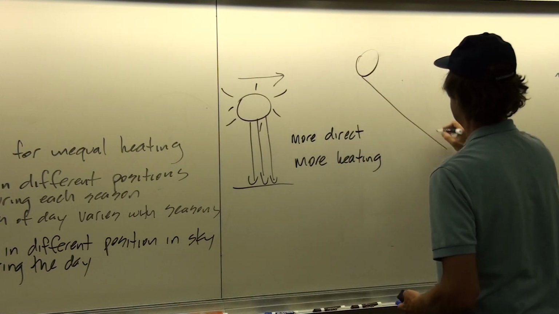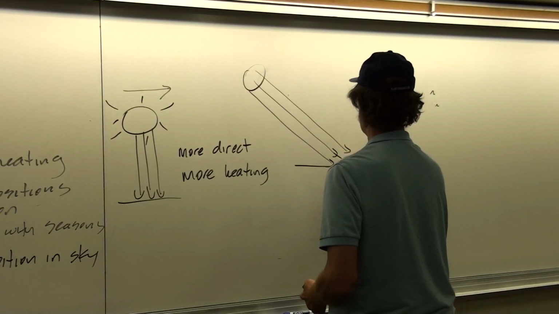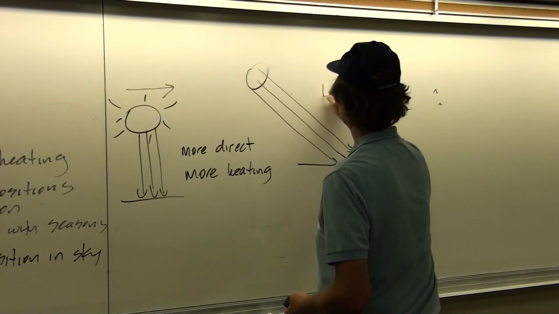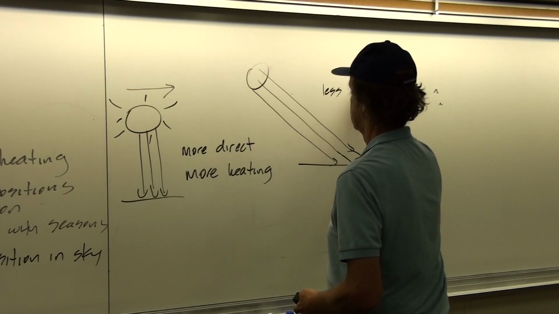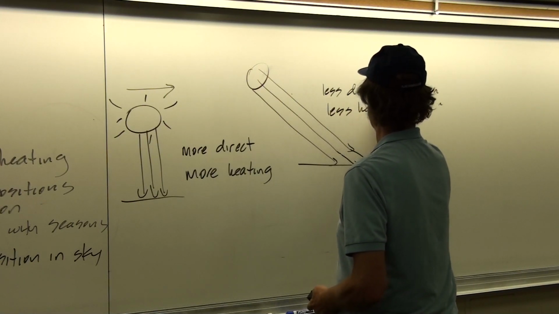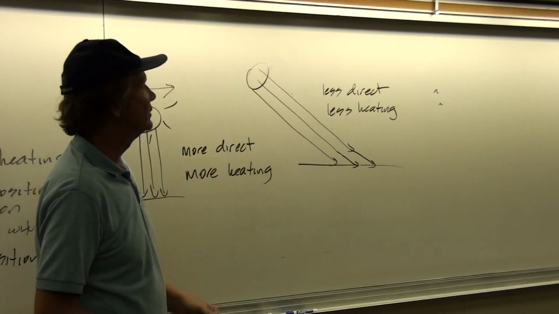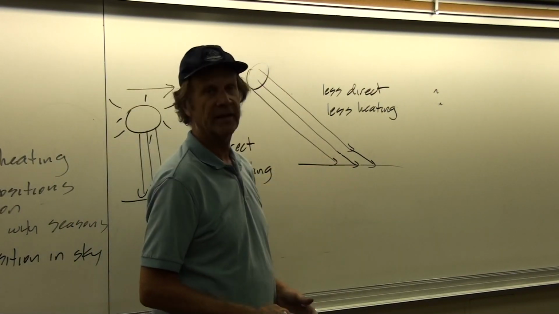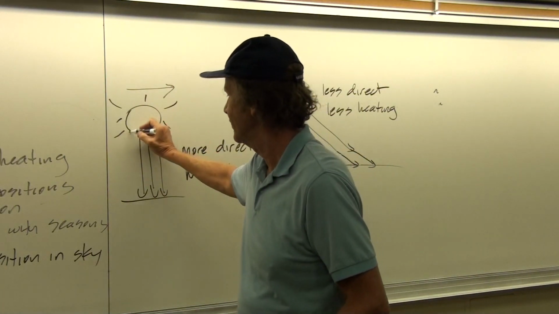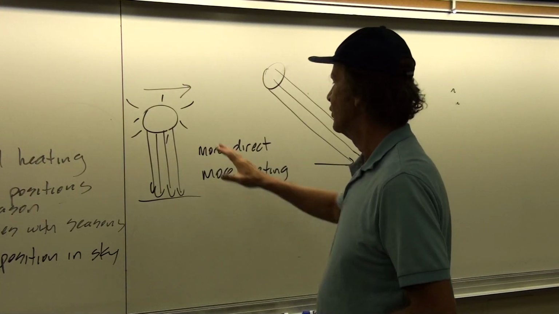But if the sun's rays are coming in at a sharper angle like this, either later in the day or in more extreme parts of the seasons, you have less heating. This is why during the winter time, when the sun is lower in the sky, you tend to need less sunscreen in order to prevent a sunburn. Whereas when the sun's rays are more direct, which is more typical of the summertime, you would need more sunscreen.